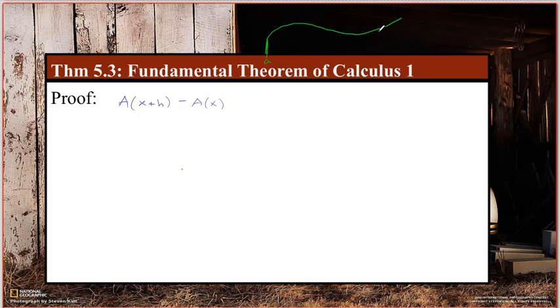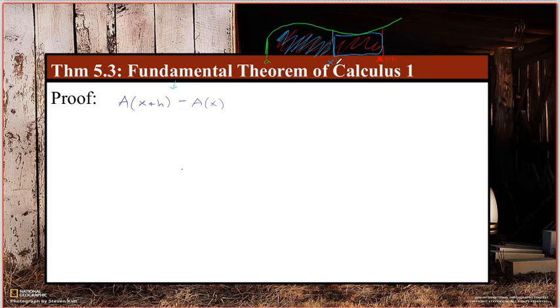We calculate up to some point x plus h, and we get that area. But then we come here and we subtract the area up to x. You're left with this area. So that's the area that we're talking about here.